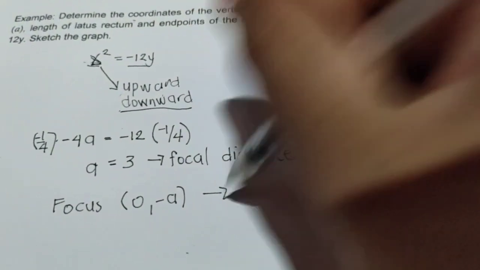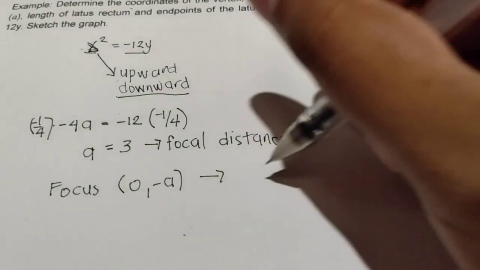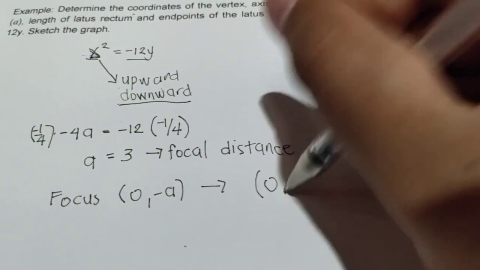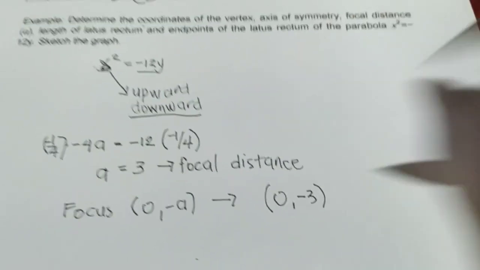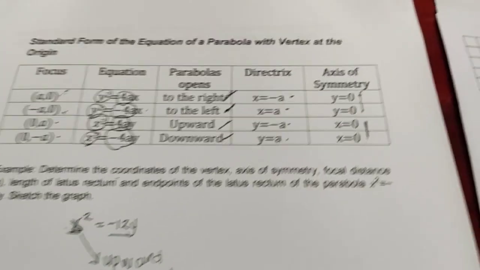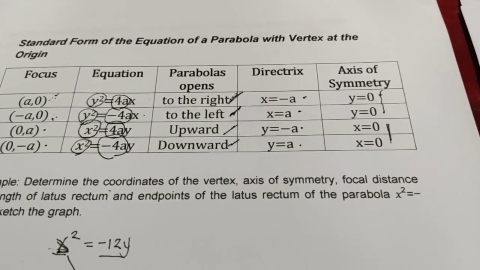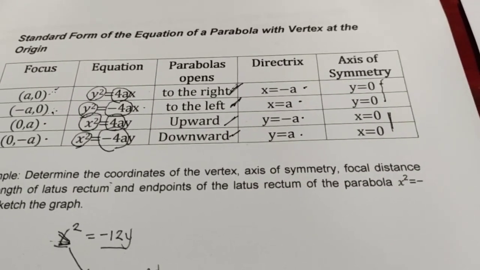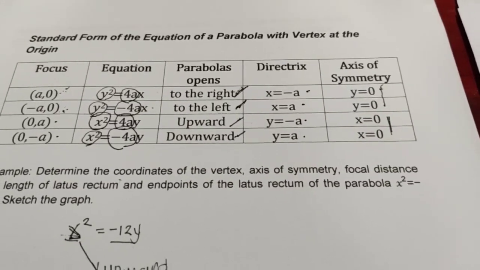So therefore, the focus of the parabola is (0, negative 3). From the table above, the directrix of the parabola that opens downward is y is equal to a.